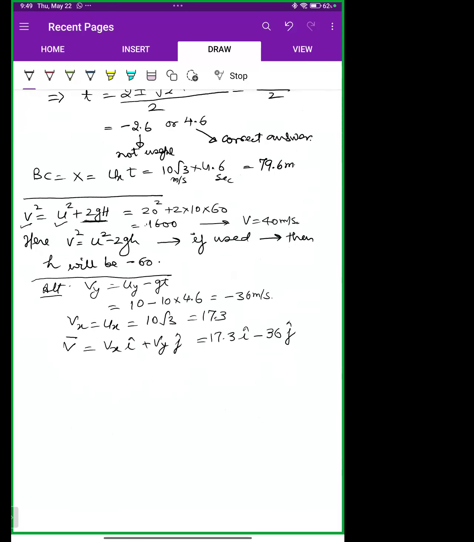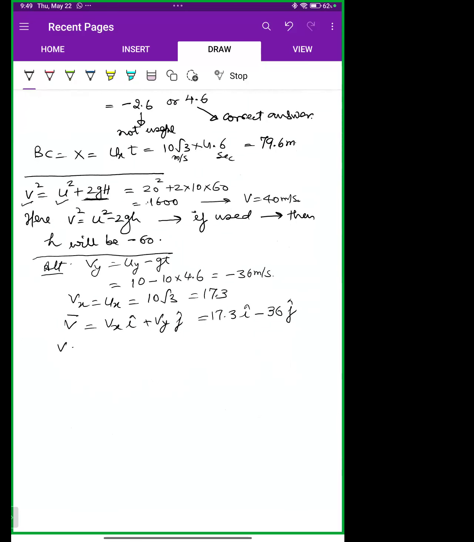What is the magnitude? V is equal to root of Vx square plus Vy square. 17.3 whole square, which will be 300, plus 36 square is 1296.